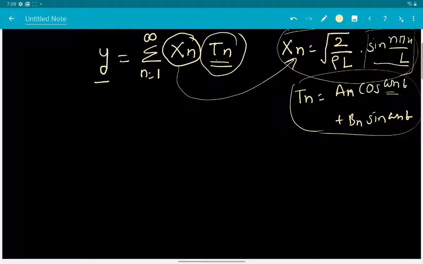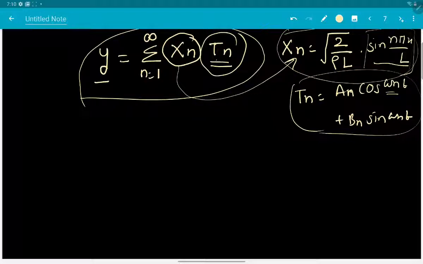Okay. Now this modal expansion theorem that I have stated here is used in obtaining the solution of forced vibrations, the way we did in the case of a multi-degree of freedom system. Okay, so this is kind of a multi-degree of freedom system, but we have an infinite number of degrees of freedom, and that's why we end up with all that integration business.